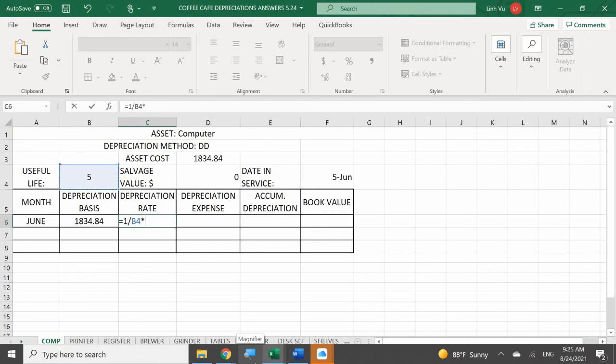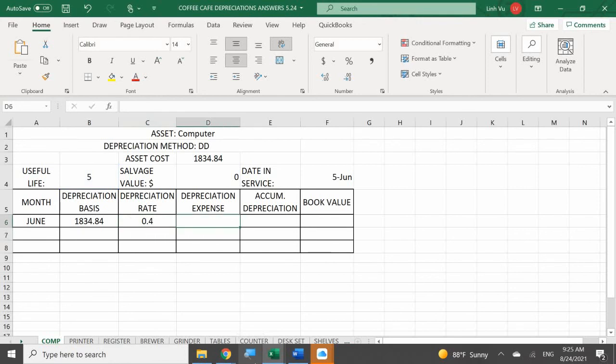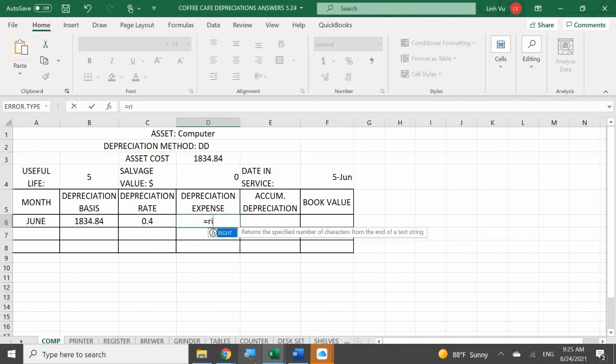0.4. Yes, it's going to be twice as much. So therefore, what's going to be my depreciation expense for the month? $61.16.